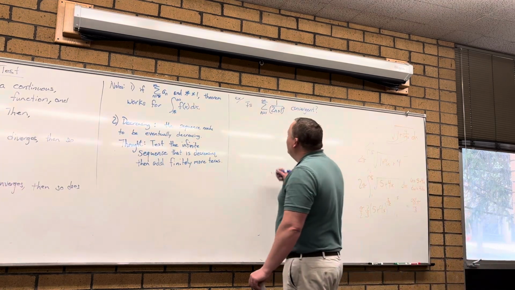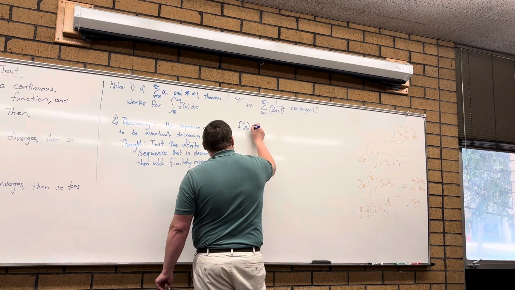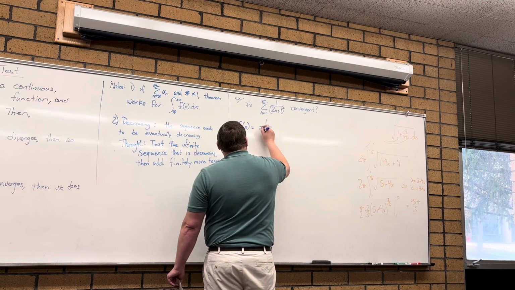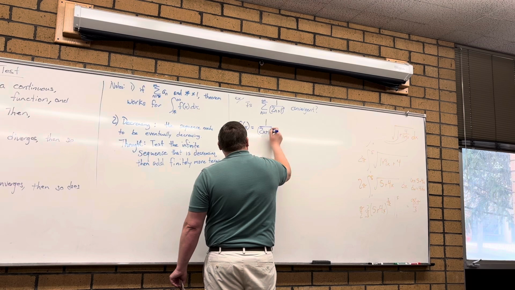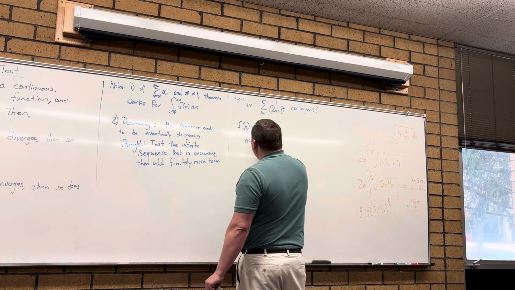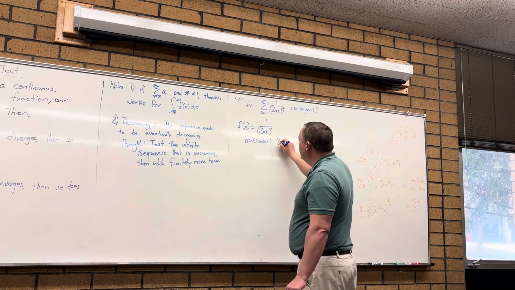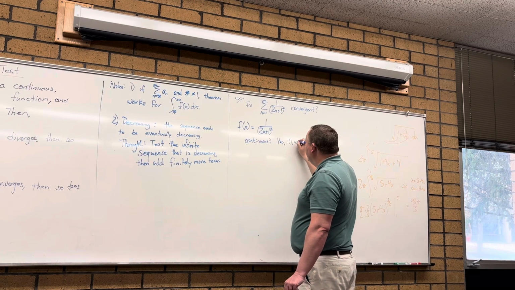Let's take a look at f of x. We'll make it a function that's going to be 1 over 2x plus 1 squared. Is it continuous? Yes, at least on 1 to infinity.